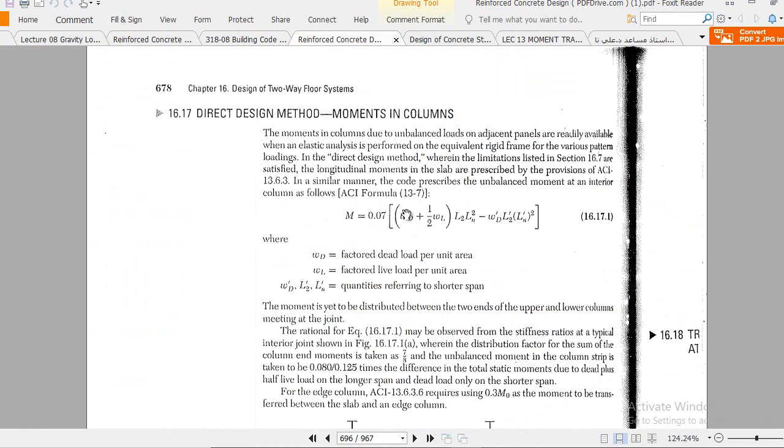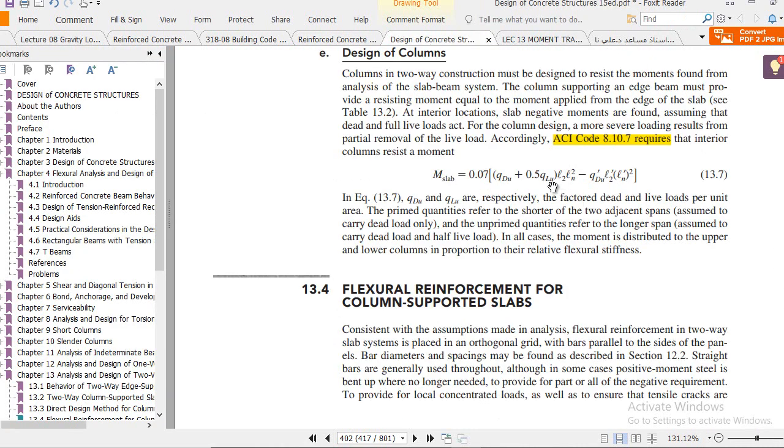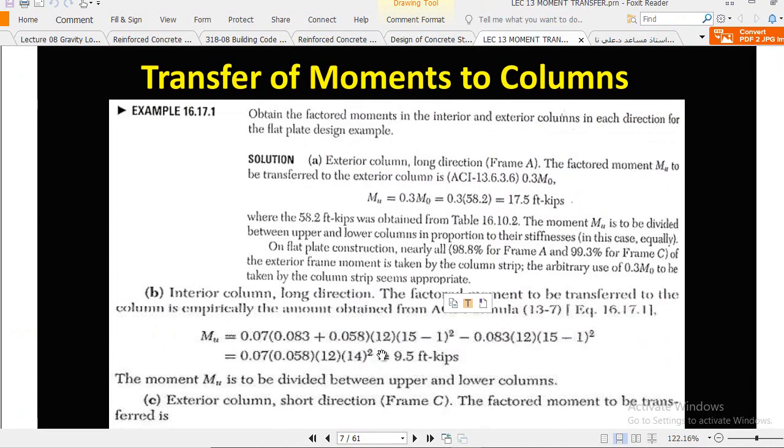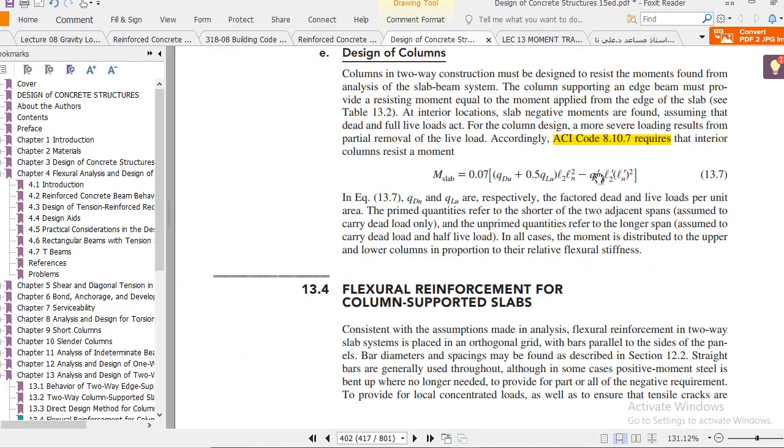You see dead load, half of the live load, then we have to multiply L2, and then we have to multiply Ln squared. Clear? Here in the Nelson book, 0.5 Q_LU, and we see 0.083, 0.05, which I already explained. 12 is the L2, and Ln we already discussed, minus the Q dead load, Q_DU dash.